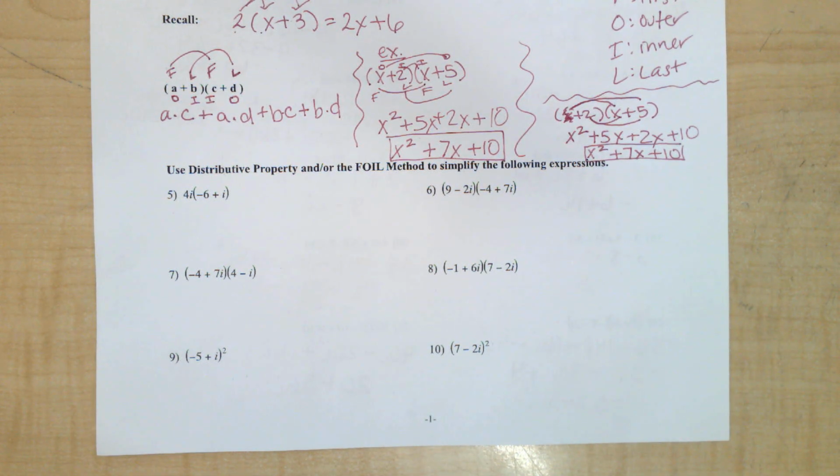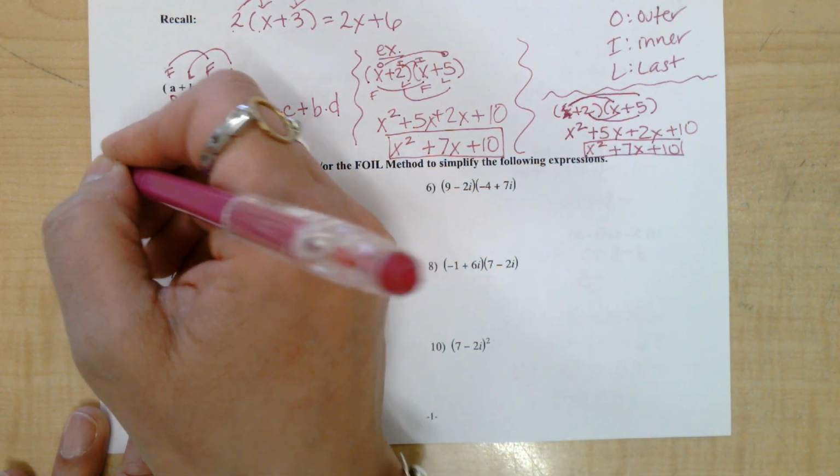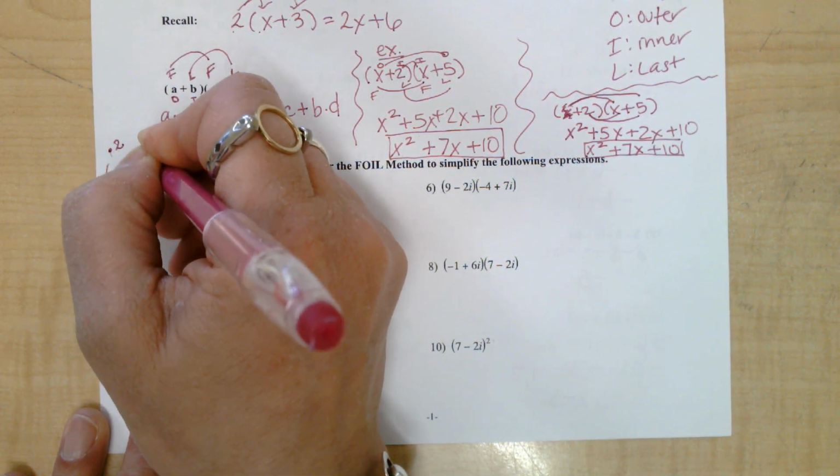All right, so we're going to use either the distributive property and/or the FOIL method to simplify the following expressions. And what we have to remember here is about our i squared, and also how to write the answer out. So we need to make sure that we know that i squared is equal to -1.